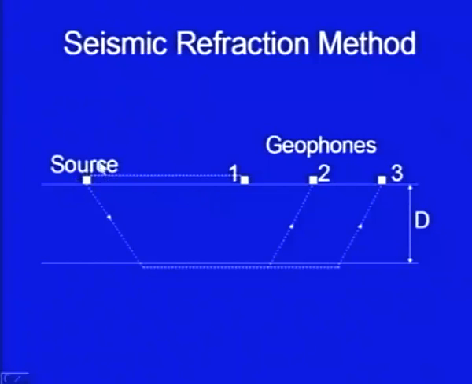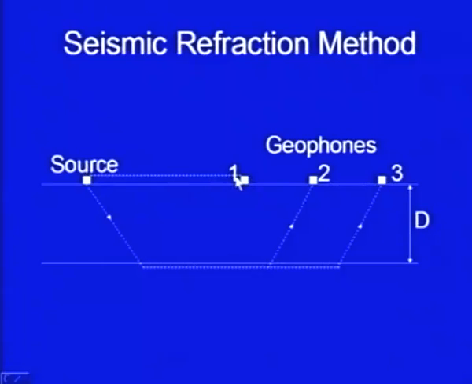Here is a source, and this source is generating the waves. So, what is happening is, there is one wave which is directly going this way. It has a certain velocity. Another wave goes into the ground, and let us say here is a boundary of two different soils, and then it gets refracted and goes to the geophone.